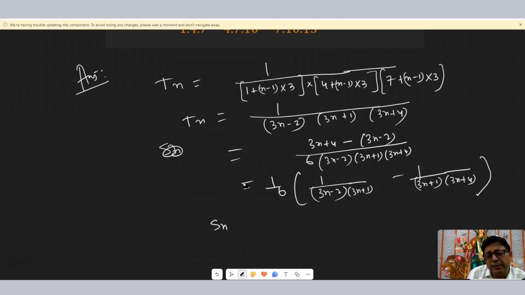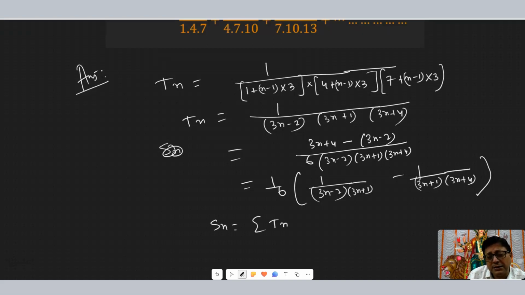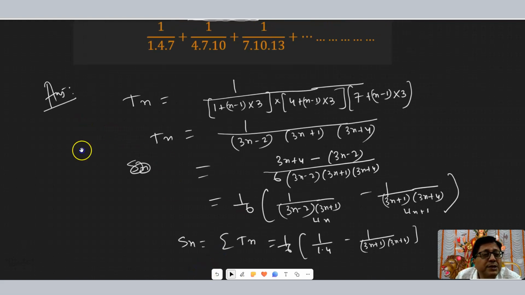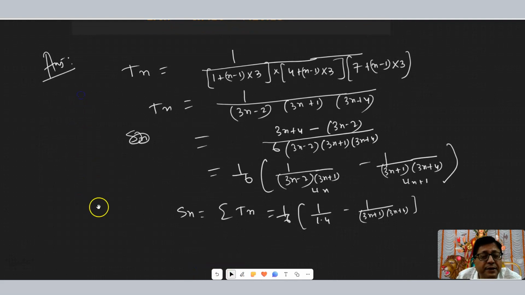Now Sn will be what? Sigma Tn, and this one is un, means this one un plus 1. So the sum is 1 by 6, put n equal to 1 over there, 1 into 4, 3n plus 1, 3n plus 4. But the problem is to find the sum up to infinity.